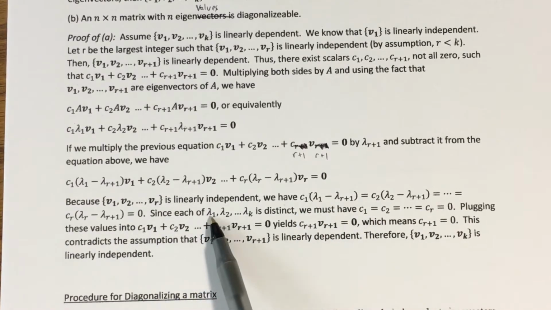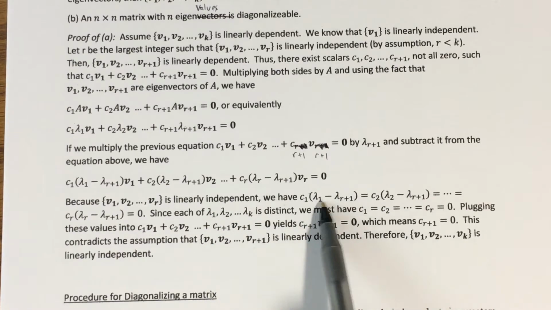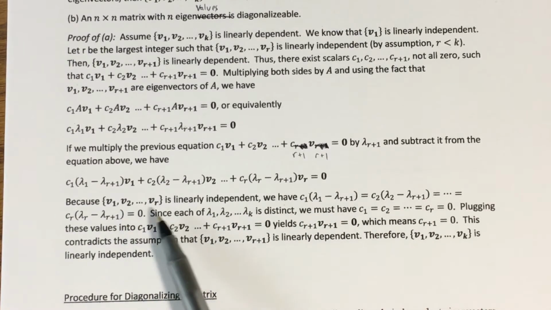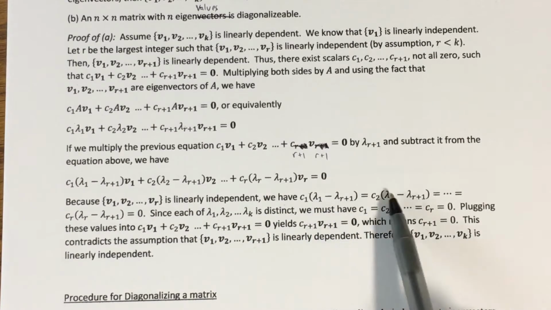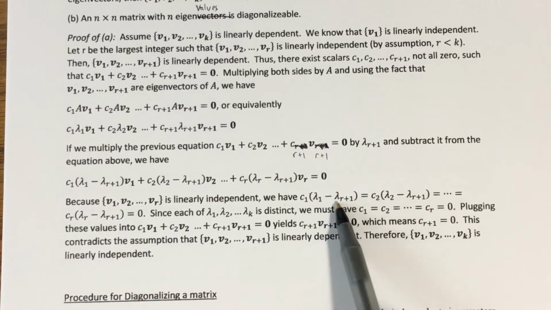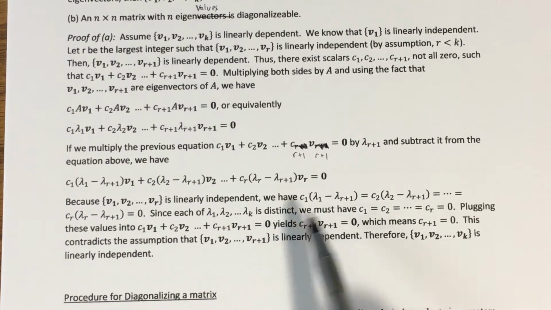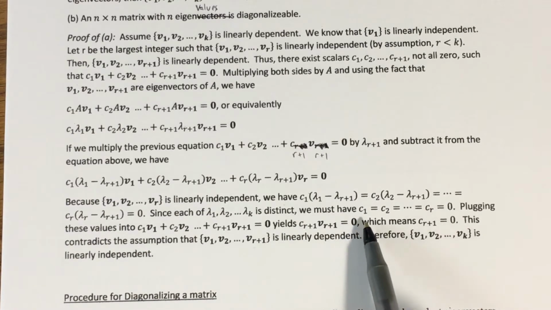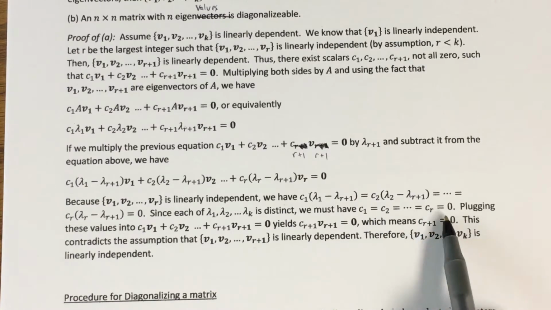Now, because we assumed that all of the eigenvalues, lambda 1 through lambda k, are distinct, the difference between any pair of them can't equal 0. That would imply that, for example, if this was equal to 0, that lambda 1 is equal to lambda r plus 1, or similar for any one of those. So none of those things in parentheses can equal 0. That means if all of these scalars are 0, it must be all of the c's that are equal to 0.